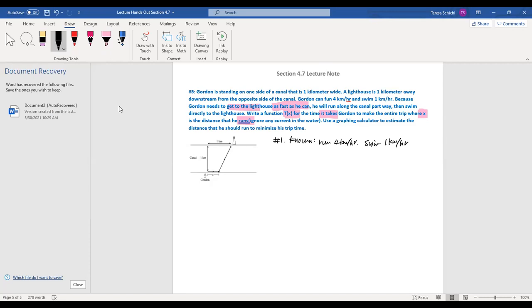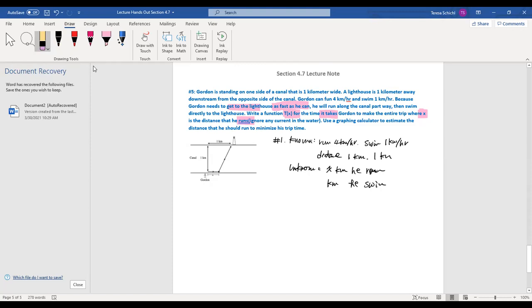We also know the distances: 1 kilometer here and 1 kilometer here. The unknowns are x, the kilometers Gordon ran, and the kilometers he is going to swim. That's what we don't know here.